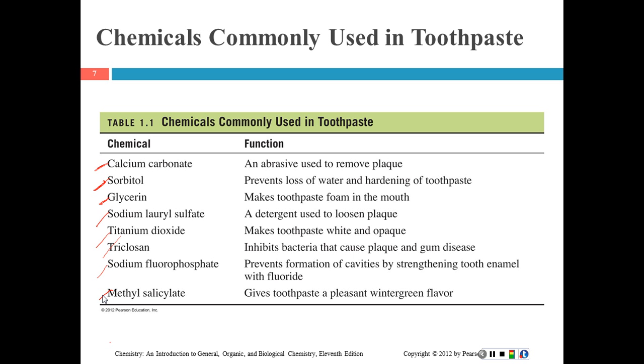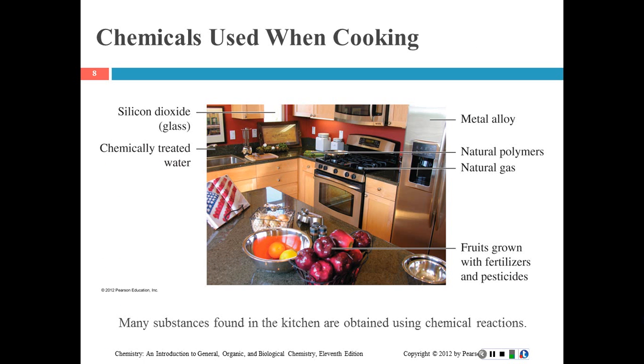So there are a lot of things that go into it. It's not just toothpaste; it's a lot of different chemicals together that make toothpaste. Now, in the kitchen, you will also see some chemicals. Silicon dioxide, for example. The water is a chemical that you're using. Your stove and refrigerator are made of alloys that are metals.